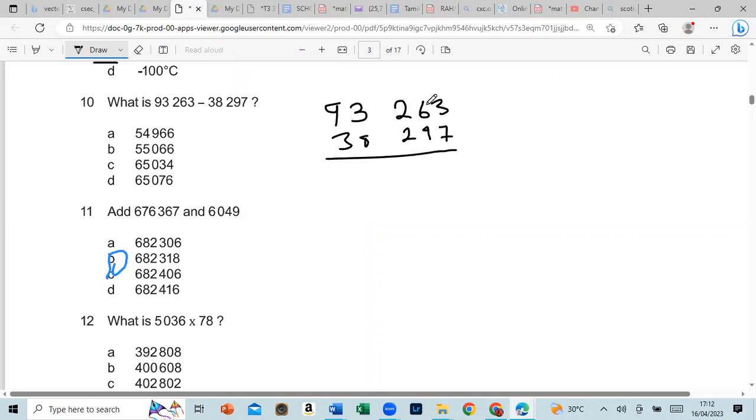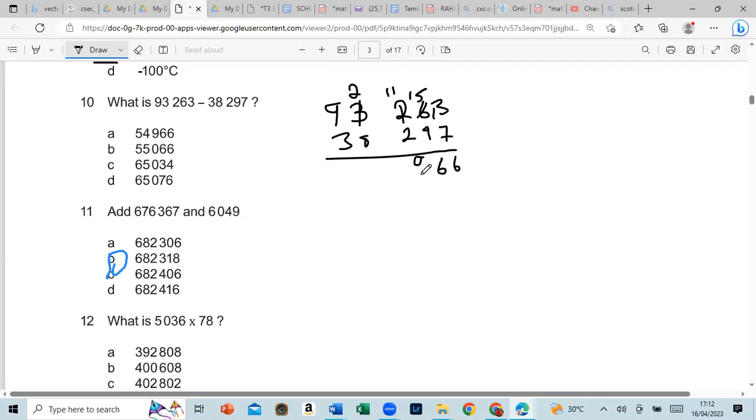So you have 297, right? 7 from 3 we can't, so we borrow 1, that leaves 5. 7 from 13 leaves 6. 9 from 5 we can't again, so we have to keep borrowing. This will give us 9 from 15, 6. 2 from 1 you can't, so we borrow again. And 2 from that leaves 9.